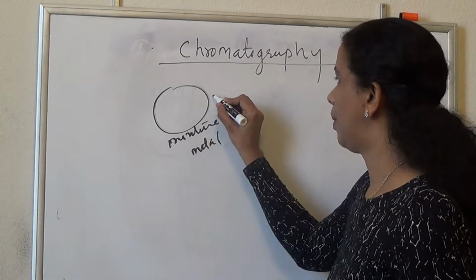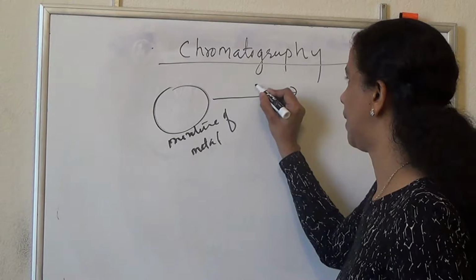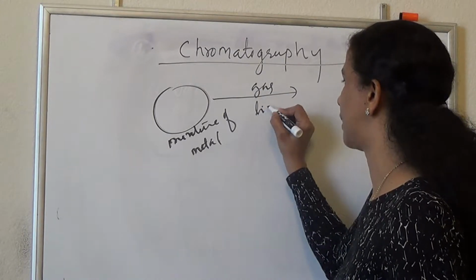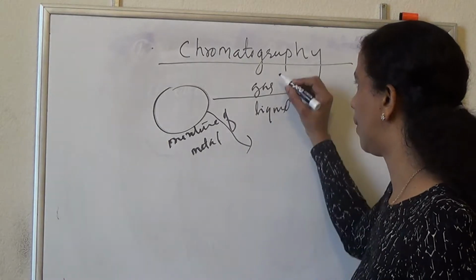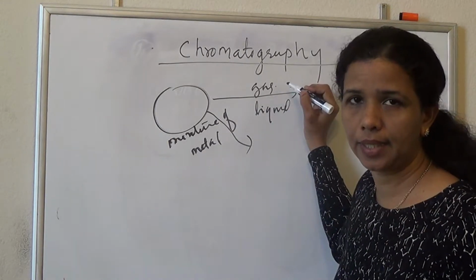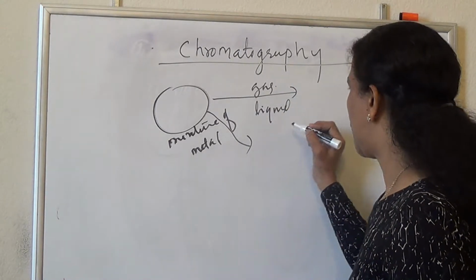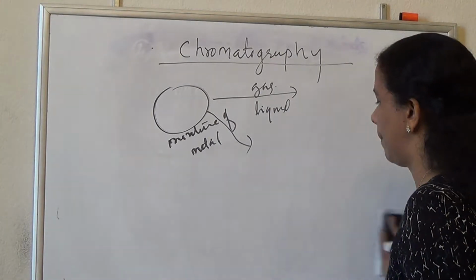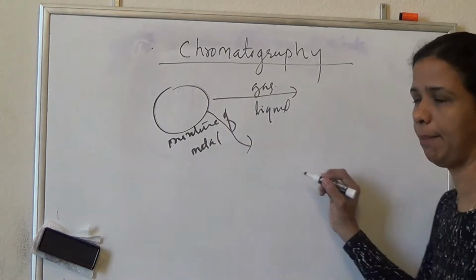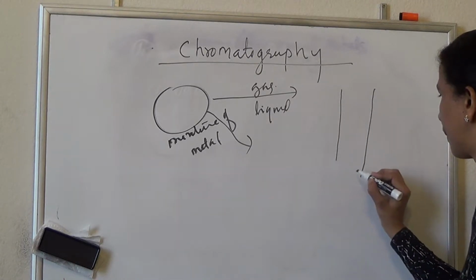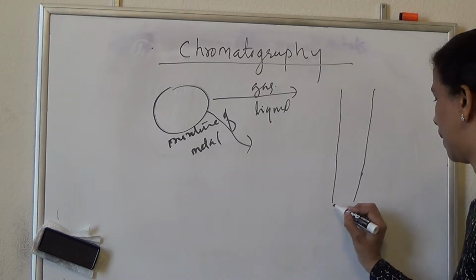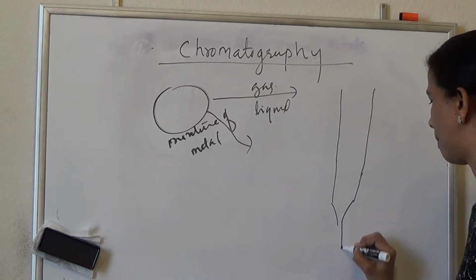First we have to make it into a gaseous state or a liquid state, by dissolving in a particular solvent or by vaporizing it. So the liquid mixture of impure metal and impurities is allowed to pass through an adsorbent.